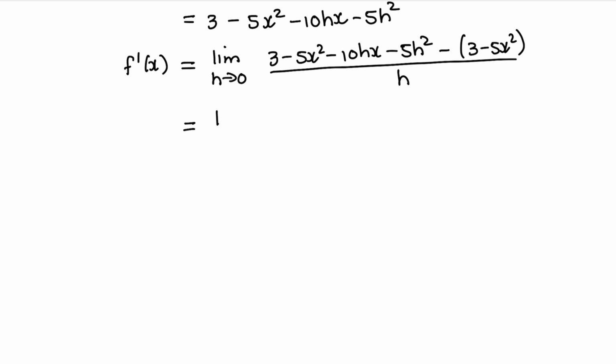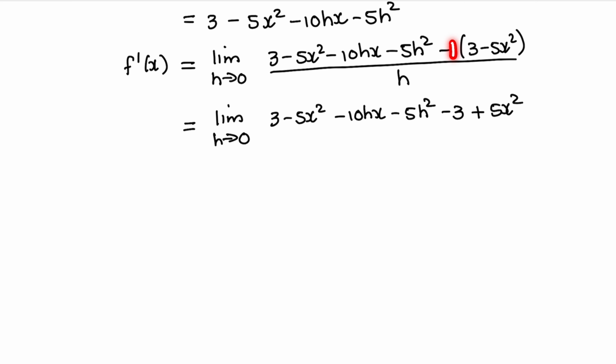So this becomes the limit of h towards 0. And in the numerator, I have 3 minus 5x squared minus 10hx minus 5h squared minus 3 plus 5x squared. So remember, we are distributing this negative 1. And when I multiply out, it's negative 1 times 3, that's negative 3.